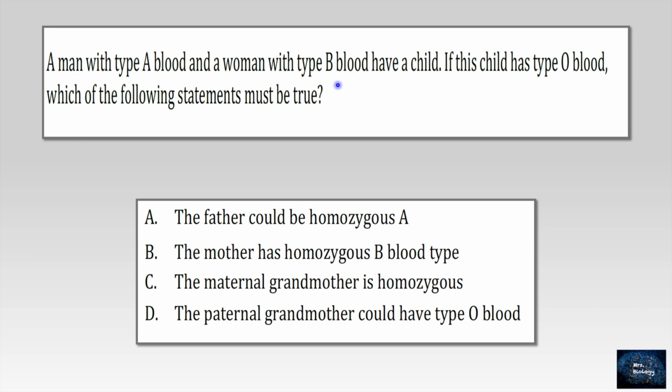Now, I want to simplify it to show you how we can have a child with O despite his or her parents having A and B antigens. Come with me, I will use the Punnett square. Let's explain the question.